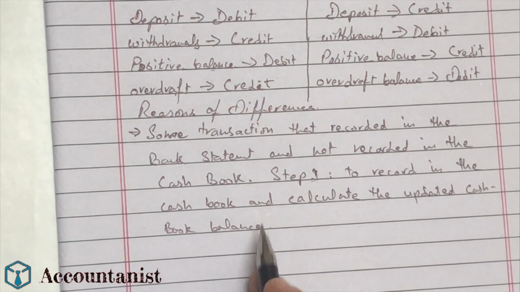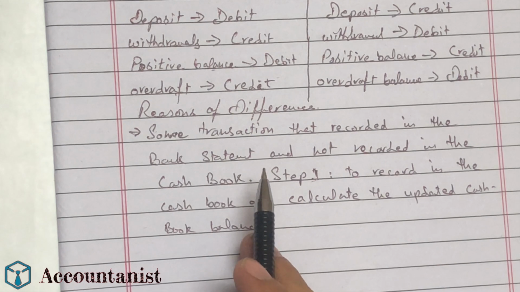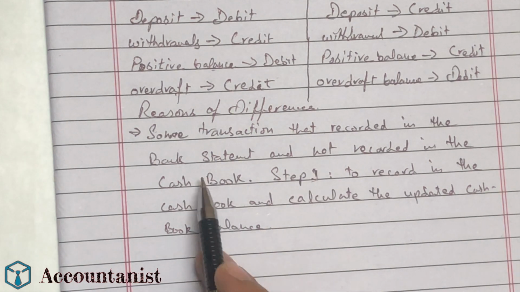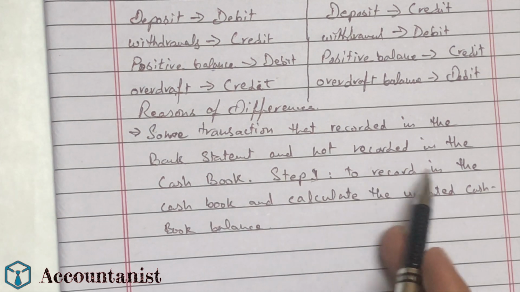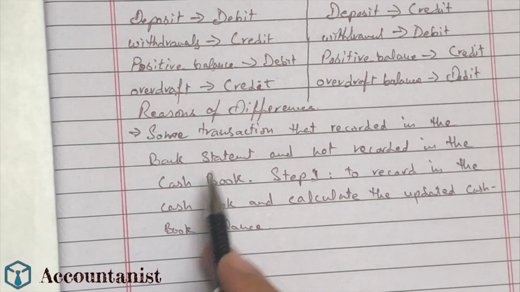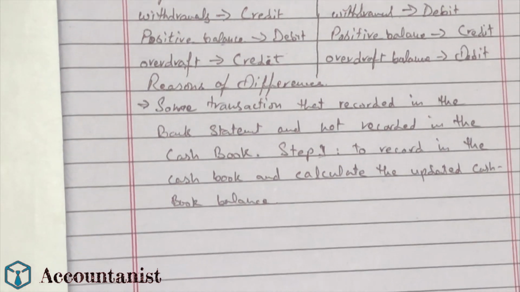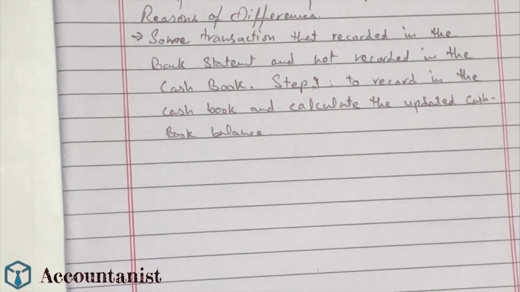So the first step is to find the transactions that are recorded in the bank statement and not in the cash book. Once we have those transactions, we have to update our cash book first.